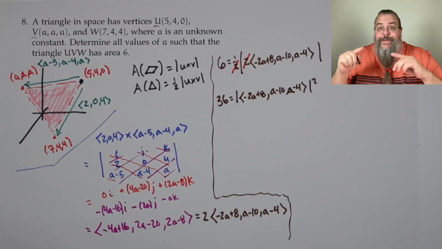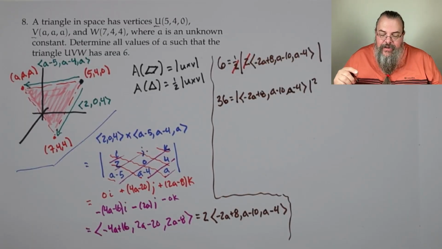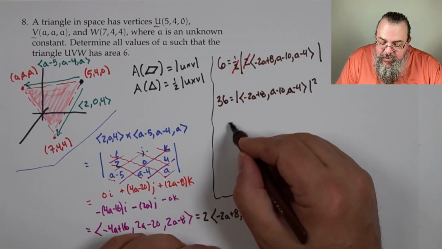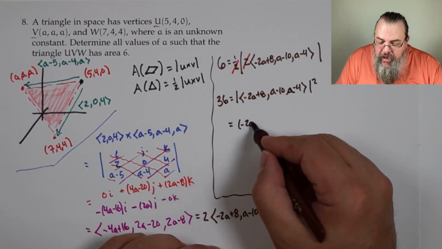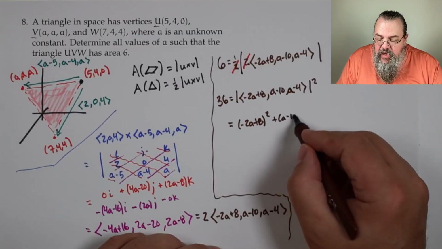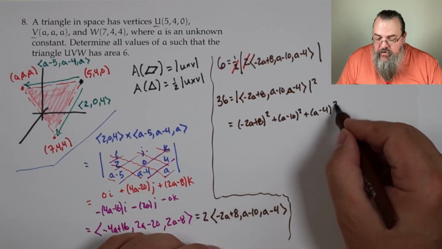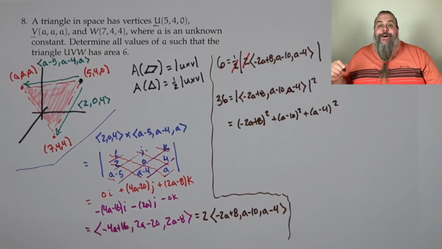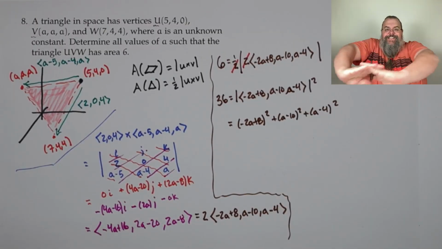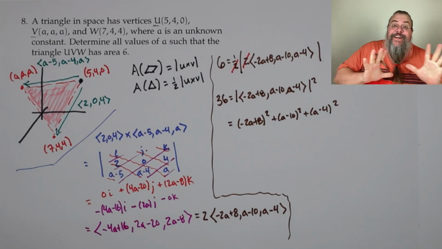And that is a little bit easier to digest because the magnitude squared is, well, minus 2A plus 8 quantity squared, plus A minus 10 quantity squared, plus A minus 4 quantity squared. Yes. We're going to be able to do a little bit of algebra.